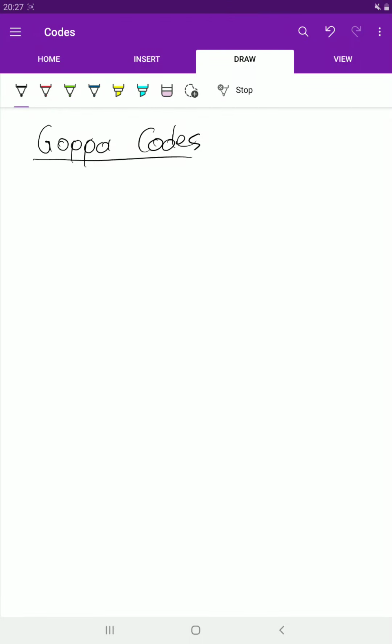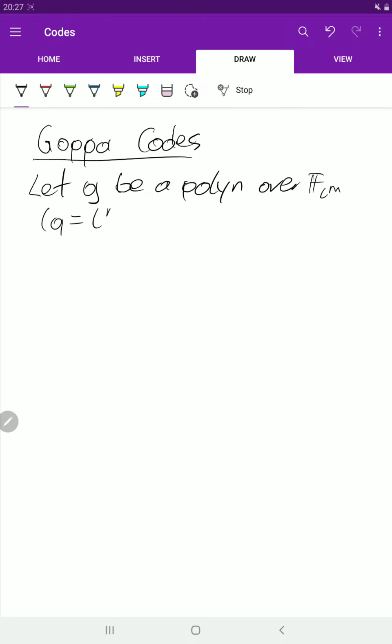This time I'll give a short introduction to Goppa codes. So let's see what the setting is. We have a polynomial g over the field F_L^m, where we also write q as L^m, and it should have degree t.